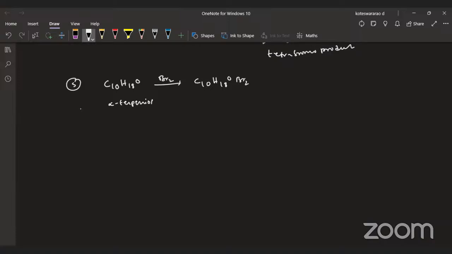One tertiary OH group is there. Then C10H18, that O is in the form of OH, therefore C10H17, OH, Br. Now, this is the fully saturated structure. Suppose this is also attached with a single bond, therefore it is also treated as hydrogen. These two bromines are also treated as two hydrogens. The fully saturated structure is C10H20.